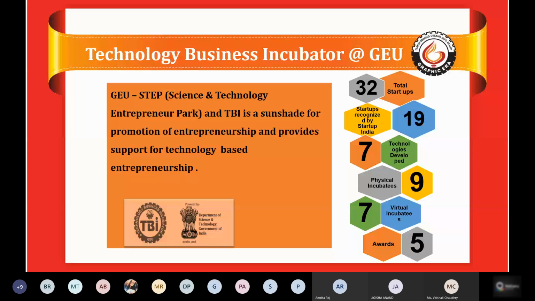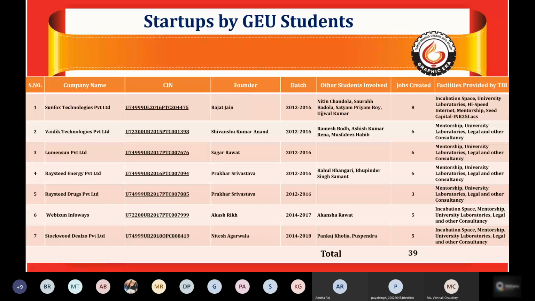So commercialization of a product is done using the facilities provided by TBI. And believe me, the students of our university do such things, because you can see in the next slide the students from different programs who have started their startups.